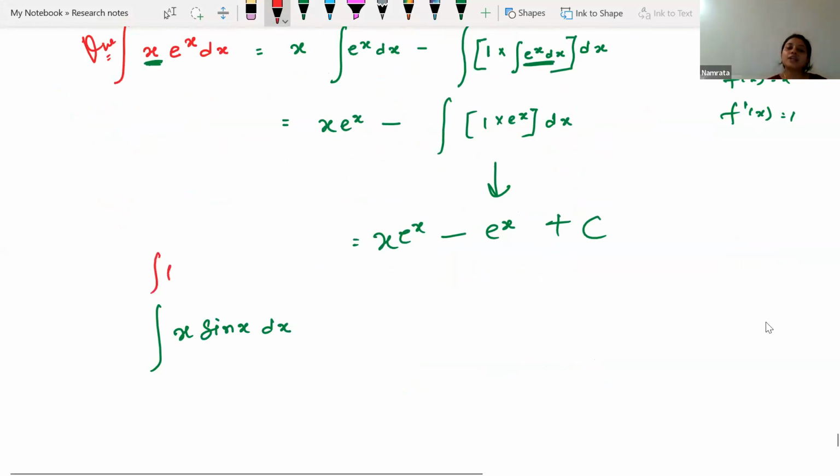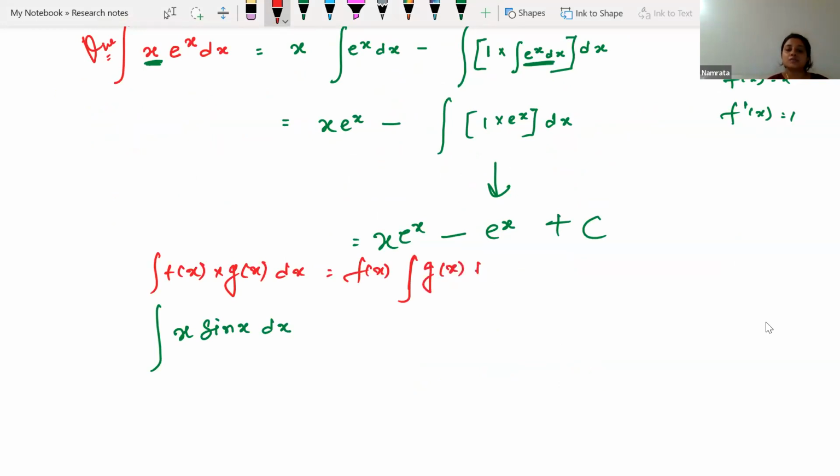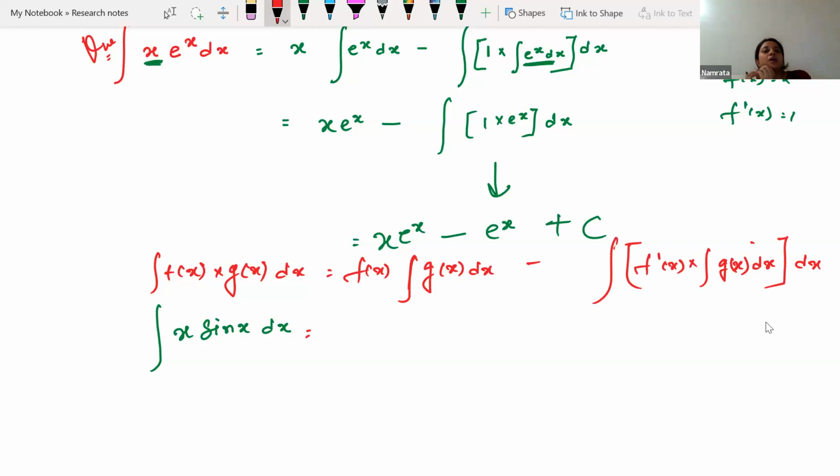So whenever we are having f x into g x, and that's integration we have to do, then we will be taking first function, integration of second function, minus derivative of first function into integration of second one, and total integration. This is the formula. Why am I writing it again and again? So that it will register in your mind, and you will start using it very quickly just by looking at the question. Okay, it will be first function x, integration of sin x.